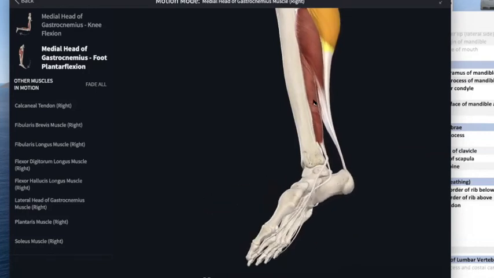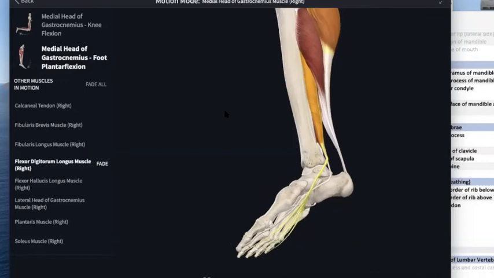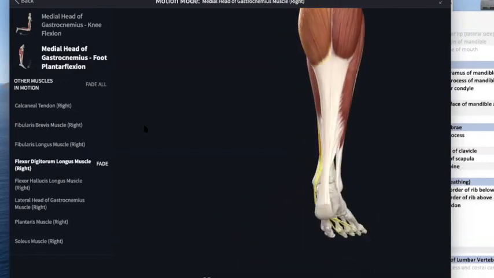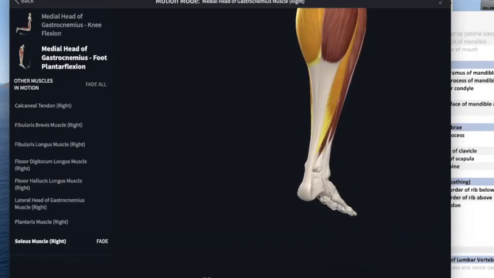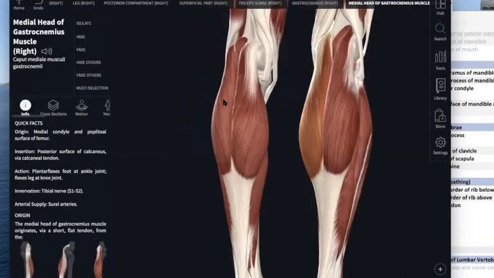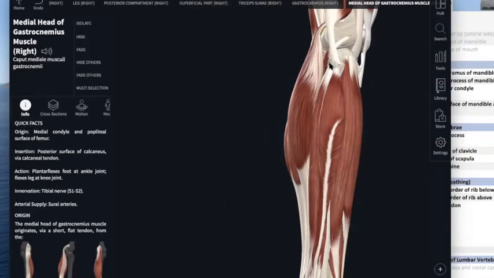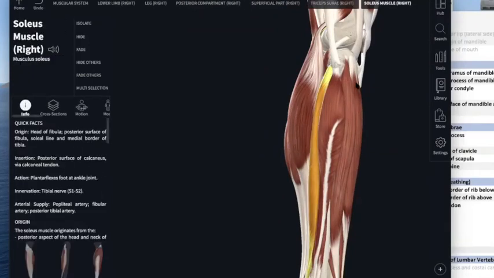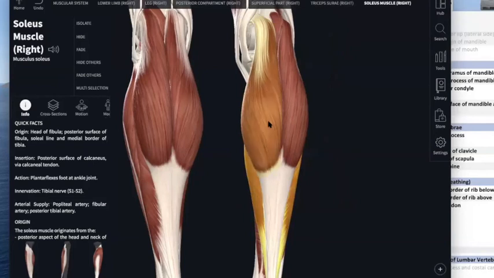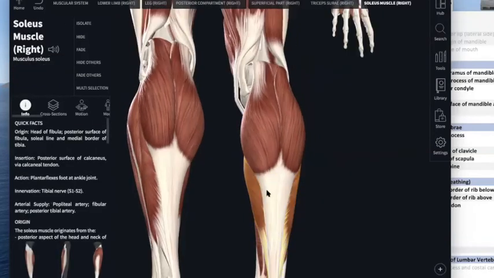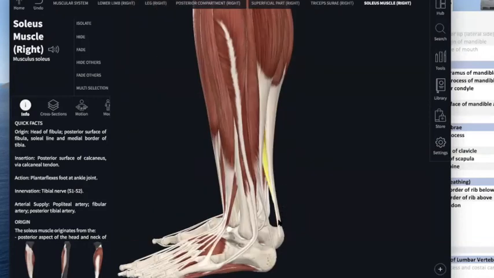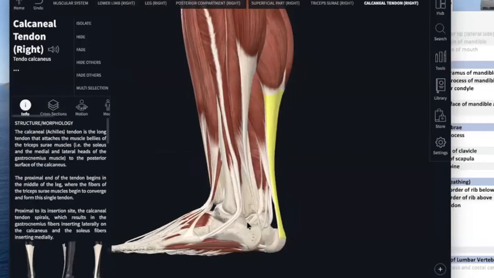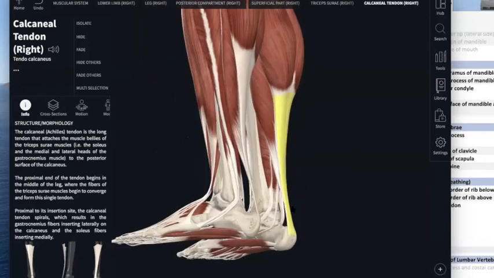And the other muscle doing that, deep to it, is your soleus muscle. This one inserts below the knee, so it's just doing that plantar flexion movement. But these two muscles, gastrocnemius and soleus, are both merging onto your calcaneal tendon, your Achilles tendon, right over here. They're both inserting on that to do the plantar flexion movement.